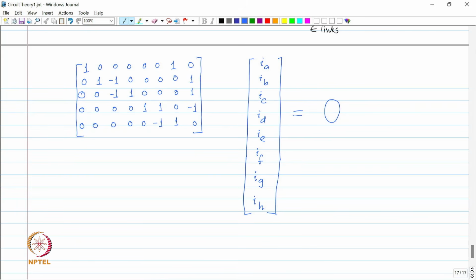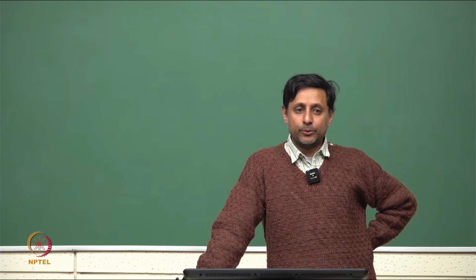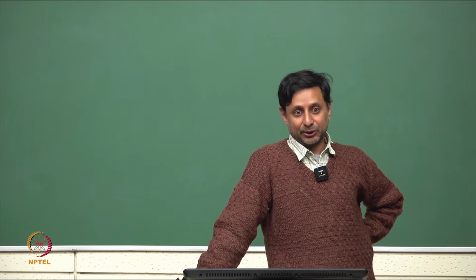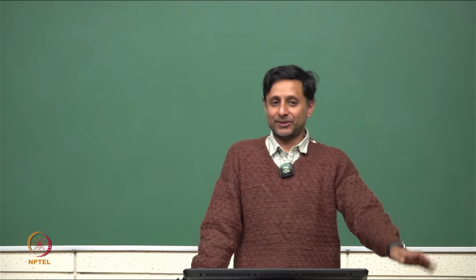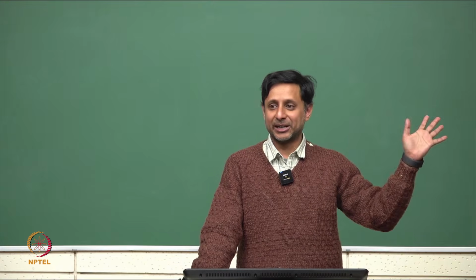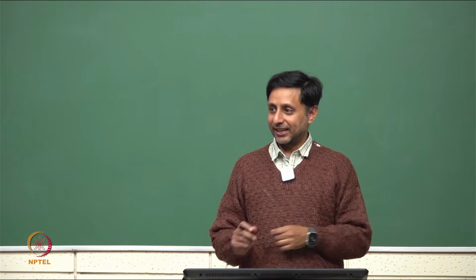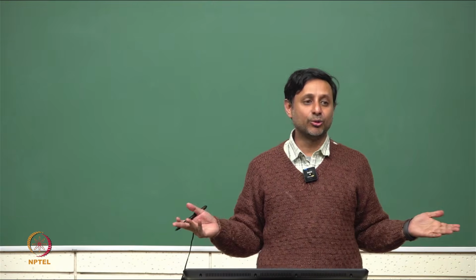Any questions so far? All of this analysis depends on which tree you started with. If I change the tree, everything changes, right. I change the tree and create a new tree.